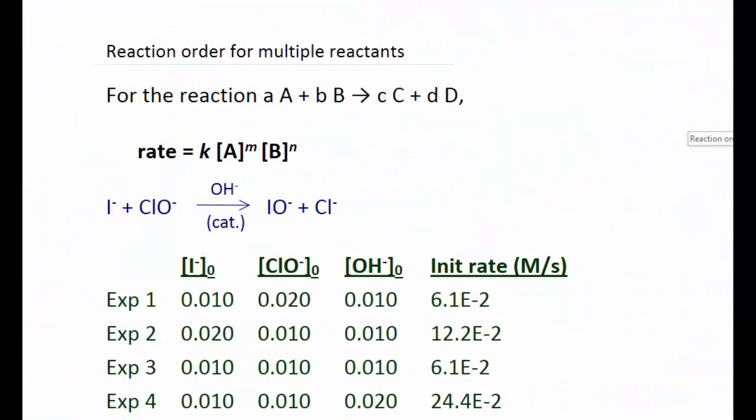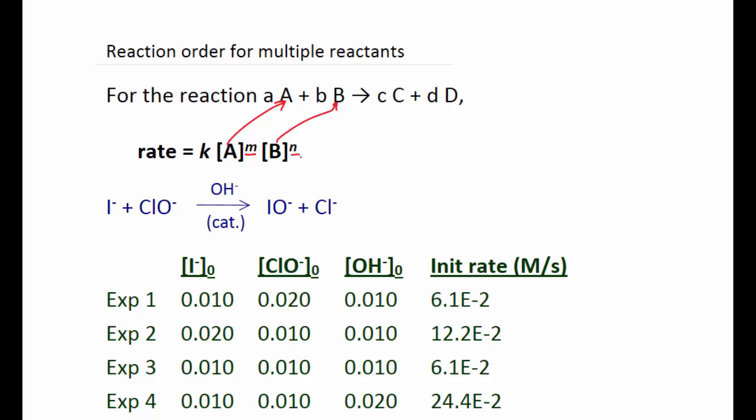So let's add some more reactants. Here we have A plus B makes C plus D. Lowercase letters are their coefficients there. Rates for when we have multiple substances, still, it's almost always going to be just in terms of the reactants.